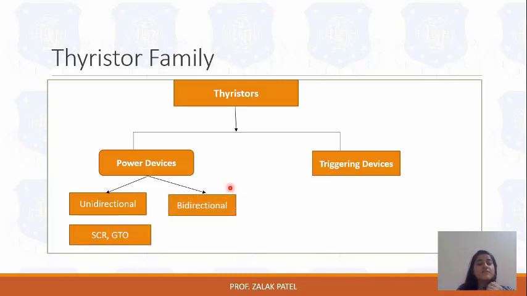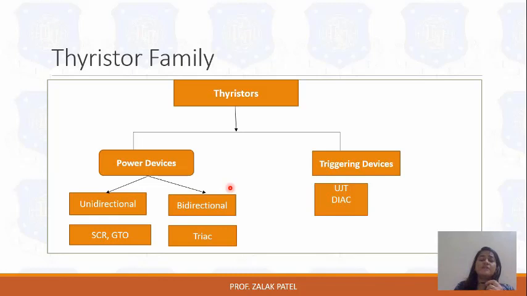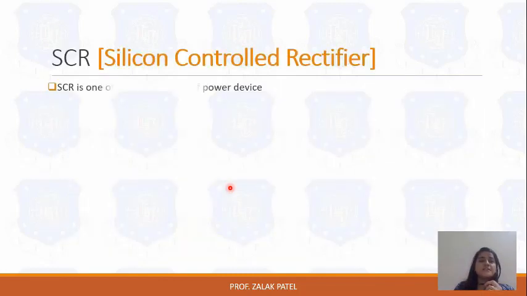For the unidirectional, we have SCR and GTO, gate turn off, and the bidirectional is TRIAC, triode for alternating current. SCR is silicon controlled rectifier. The next is UJT, unijunction transistor, for triggering, and DIAC, diode for alternating current. We have to see all this in detail one by one.